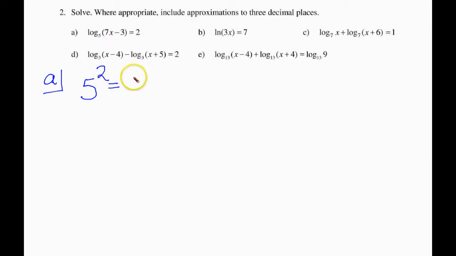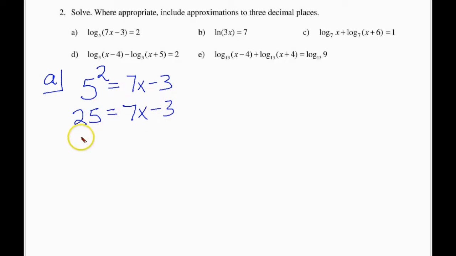And our answer is this. And you might say, wow, that we know that technique makes it so much easier. So this is going to be 25 = 7x - 3. Going to transpose the negative 3 over, becomes a positive 3.